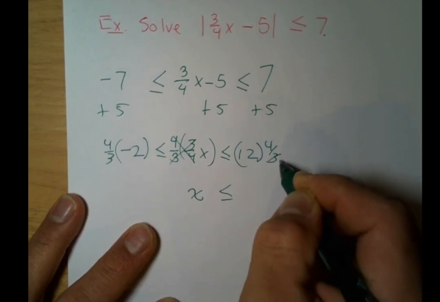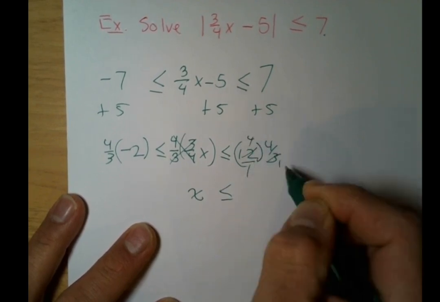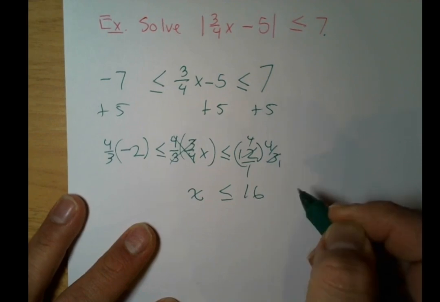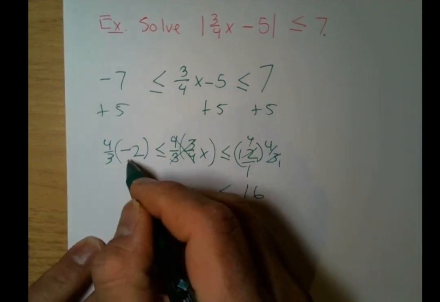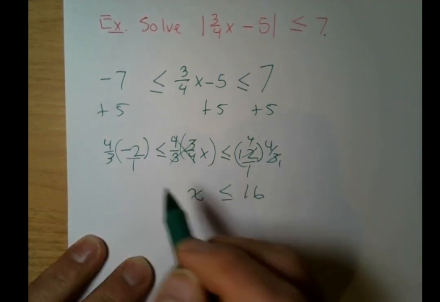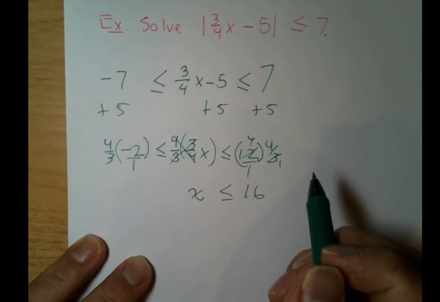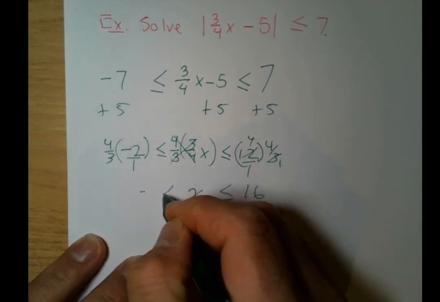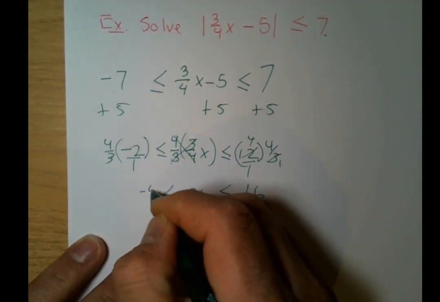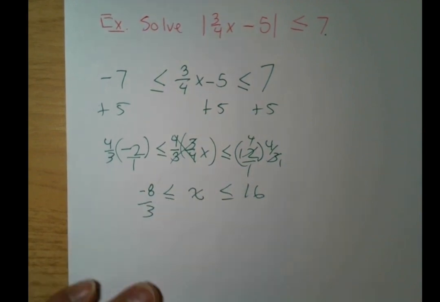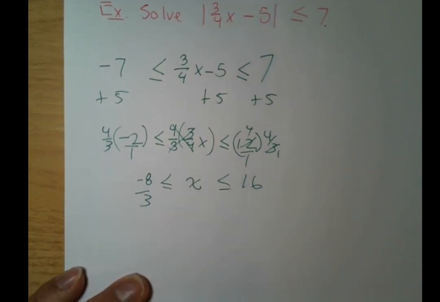Over here, I can reduce, 4 times 4 is 16. Here I can't reduce. So we get negative 8 over 3. Just double checking my work here.